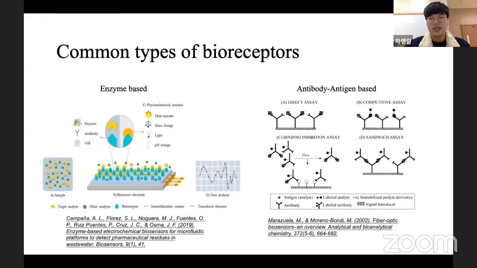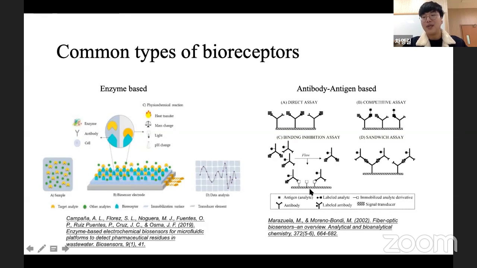In the binding inhibition assay, the antibody and the analytes are first incubated like this. After incubation, the solution is placed in contact with the immobilized antigen.